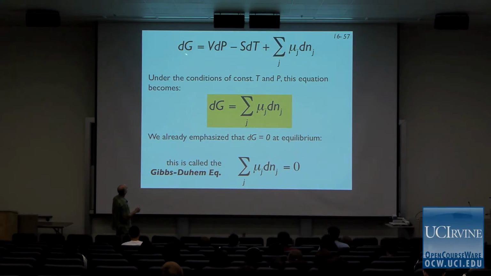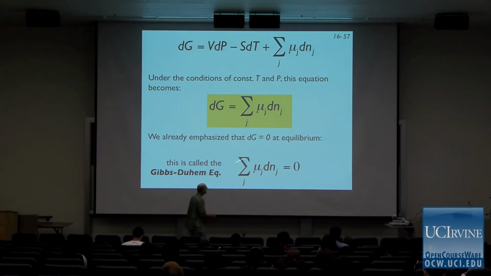Now, if this equation is true, we know at equilibrium dG is equal to 0. If dG is equal to 0, then this summation has to be equal to 0. It seems intuitively obvious that that would have to be the case, but it's given its own name: the Gibbs-Duhem equation. So this equality has to be satisfied at equilibrium.